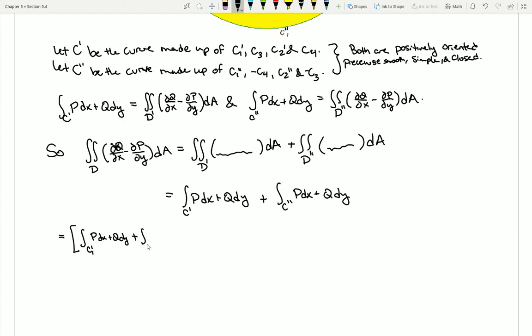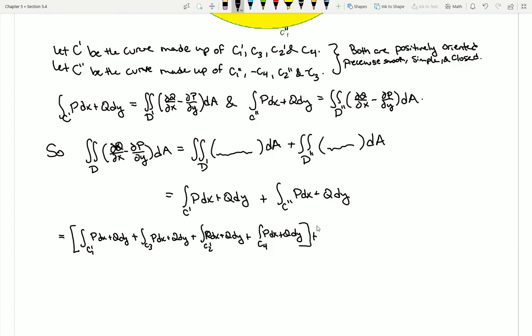But then I would have to go along C3, P dx plus Q dy. And then I would have to go along C2 prime, P dx plus Q dy. And then I would have to go along C4, P dx plus Q dy. So all of that is just for this piece here, this line integral along C prime. I broke it up into all four of its pieces.